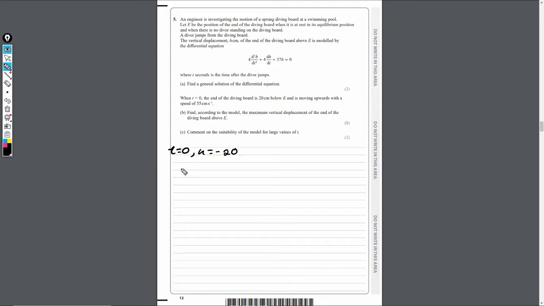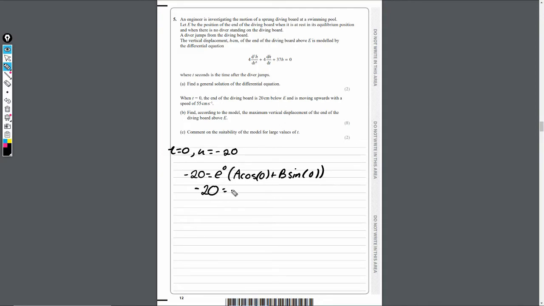So what that's saying is that minus 20 is equal to e to the minus a half times 0, so that's going to be e to the 0, times a cos 0 plus b sine 0. Okay, well, this is still minus 20.